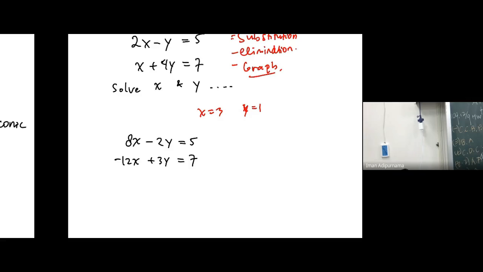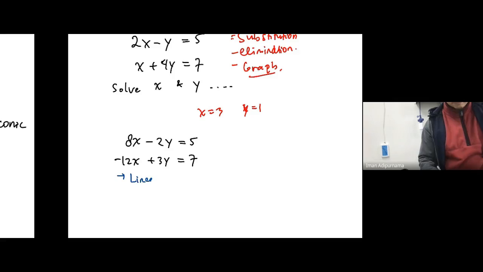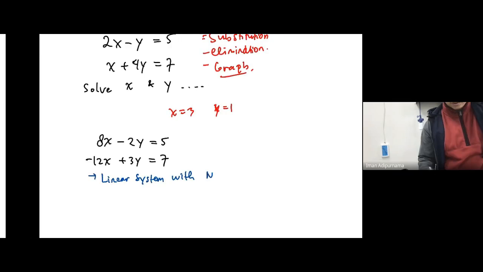Weird, right? Weird results. So let me write here: linear system with no solution.